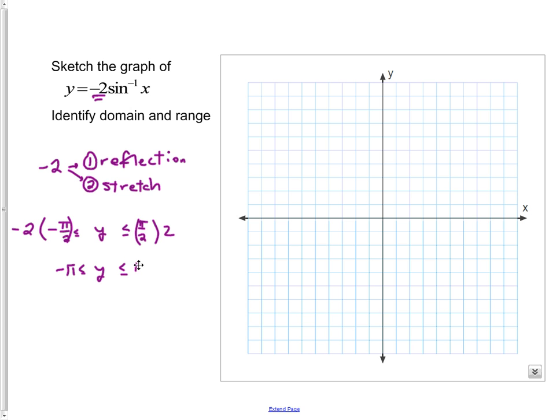It's a vertical stretch, right? So if this is pi over 2 right here, our graph is now going to go as high as pi. And if this is negative pi over 2 right here, we're going to double that, and we're going to go down as far as negative pi.